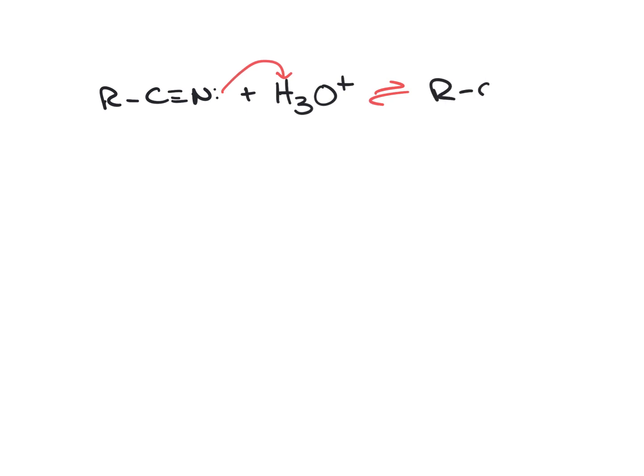Let's take a look at the mechanism of nitrile hydrolysis in case you're interested. If we have a nitrile and we react it with H3O+, this would have to be pretty concentrated. The nitrogen can grab a proton, and that will give us a protonated nitrile, where this nitrogen has a positive formal charge.